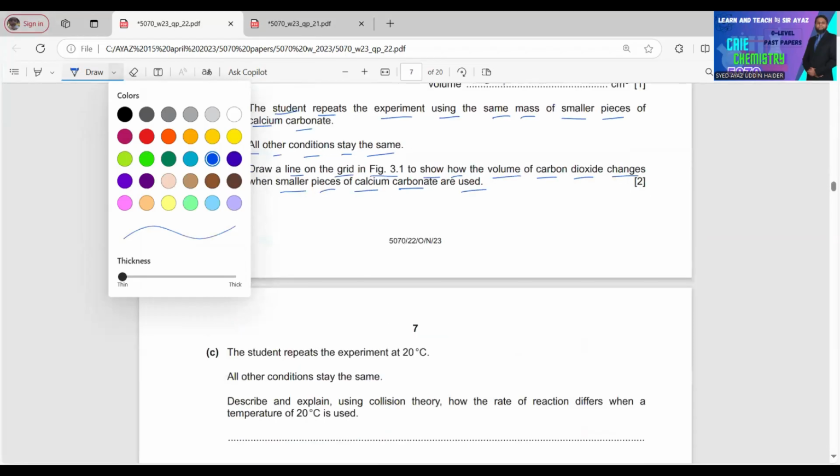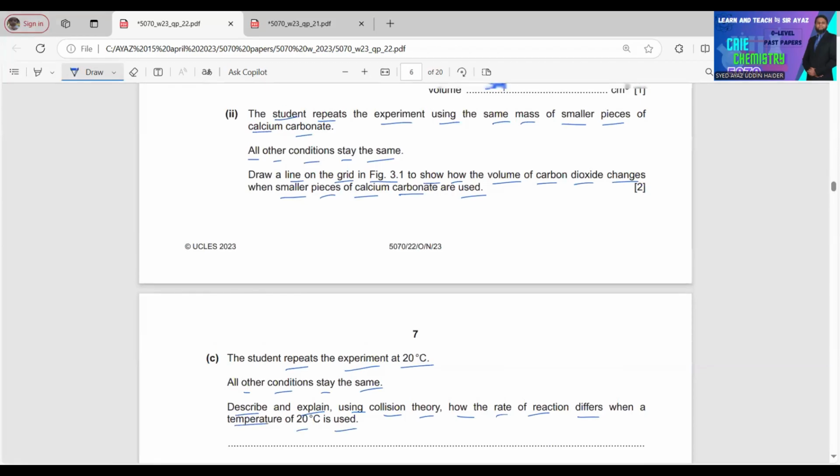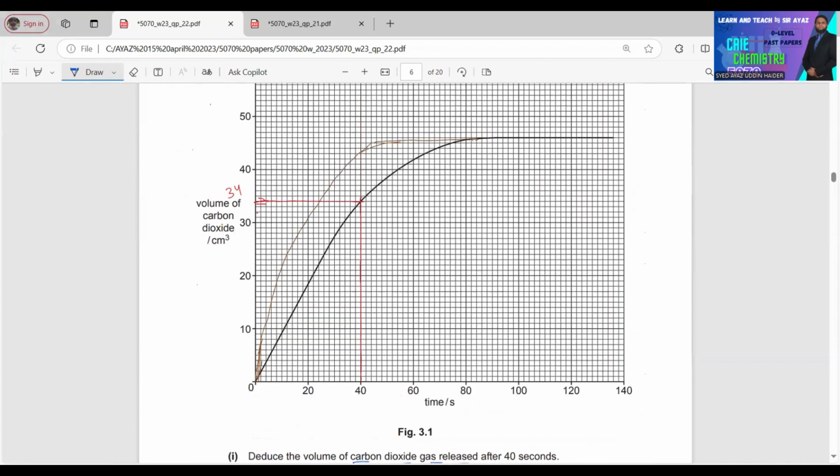The student repeats the experiment at 20 degrees centigrade. All other conditions stay the same. Describe and explain using collision theory how the rate of reaction differs when a temperature of 20 degrees centigrade is used. So I will check the initial temperature. What is the initial temperature here?